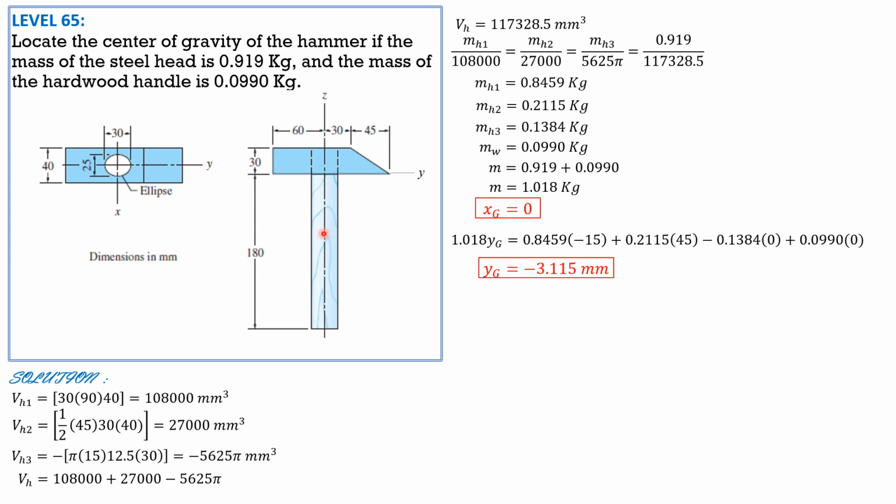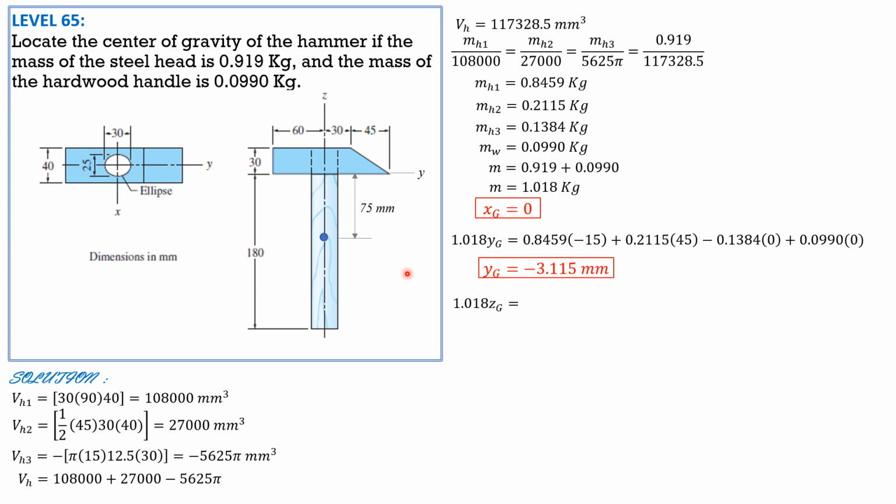And for the handle, this is 210 divided by 2, 105. Then 105 minus 30 is 75. So 75 mm below the y-axis is the location of the centroid of the handle. So z sub c of the wooden handle is negative 75.